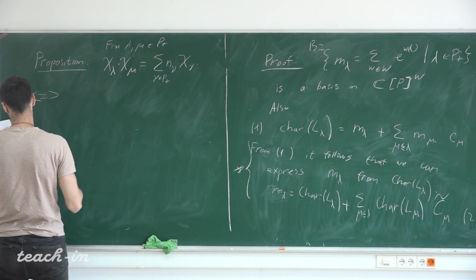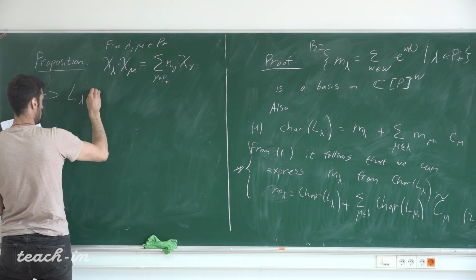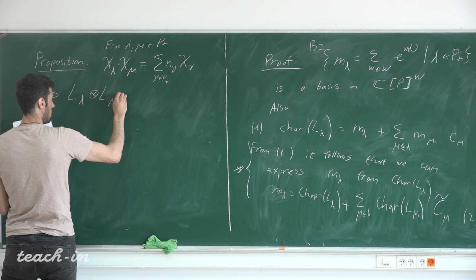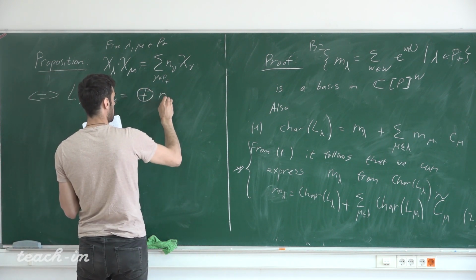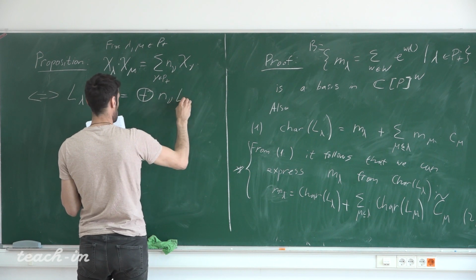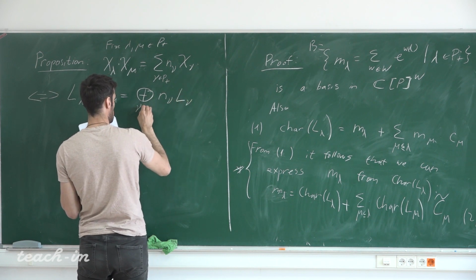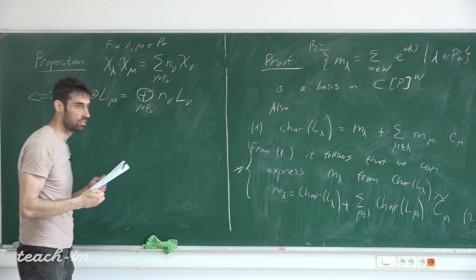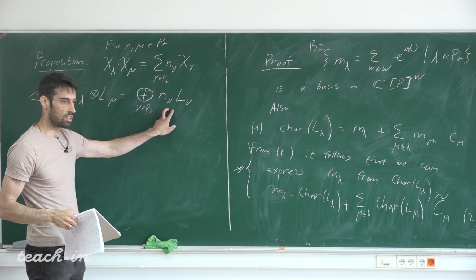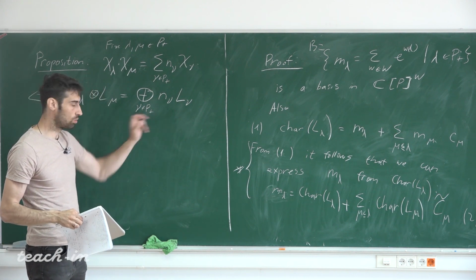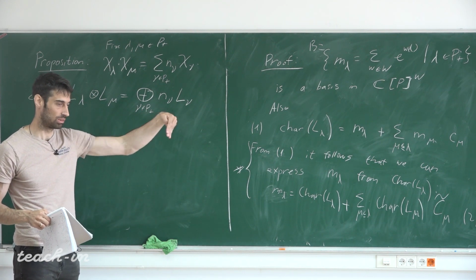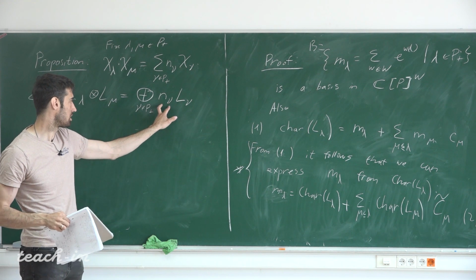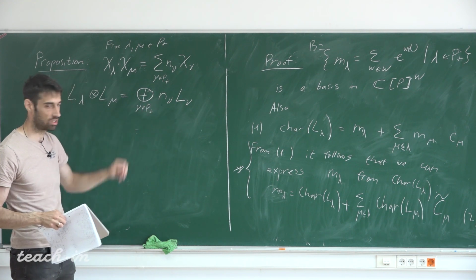This is equivalent to L lambda tensor L mu being a direct sum of n nu copies of L nu, as nu ranges over P plus. So this notation just means that you have n nu copies of L nu. So this is n nu L nu, and then a direct sum over other nus.